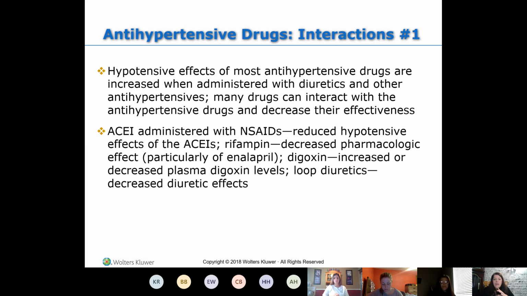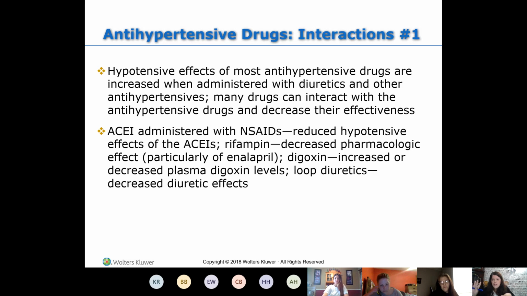So we said diuretics are one form of antihypertensive drug, right? We didn't talk about them in depth yet, but they're one form of antihypertensive drug. So this statement says hypotensive effects, which means lowering of the blood pressure, of most antihypertensive drugs, all the other classes that I gave you, are increased when administered with diuretics.